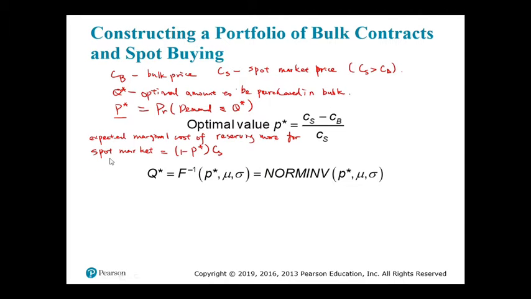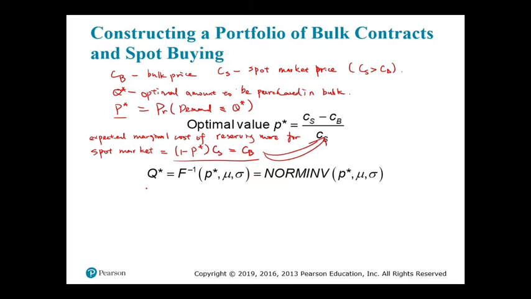At the optimal value, this should be equal to CB, the current marginal cost for the bulk item. So solving for P star gives us P star equal to CS minus CB divided by CS.